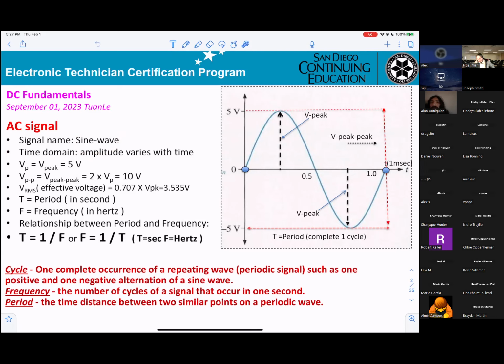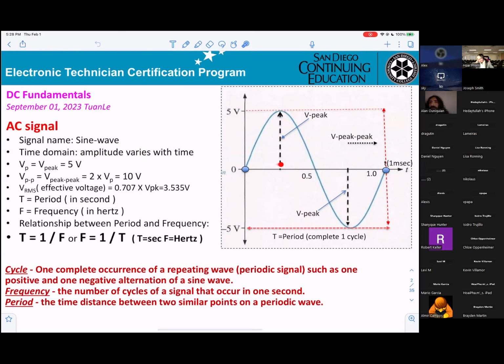Time domain. Amplitude varies with the time. This is the time domain. This is the 0, and this will be 1 millisecond. Okay? We pick the peak. What does that mean?